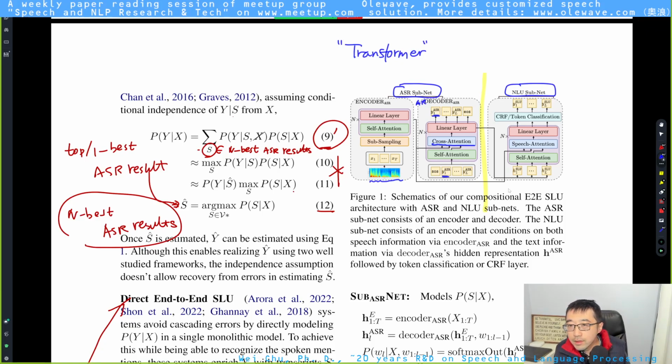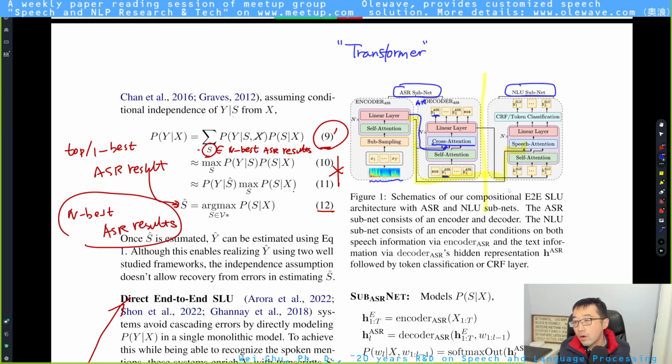The first input is something that goes from the encoder all the way to here. This is similar to how the decoder takes input from the speech encoder, right? Very similar thing.